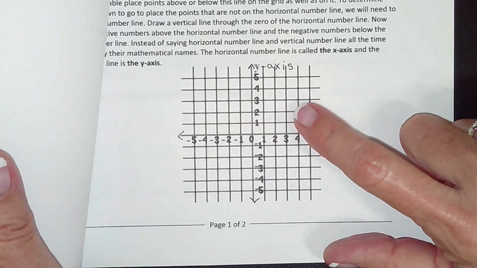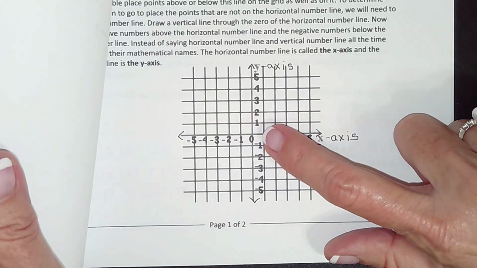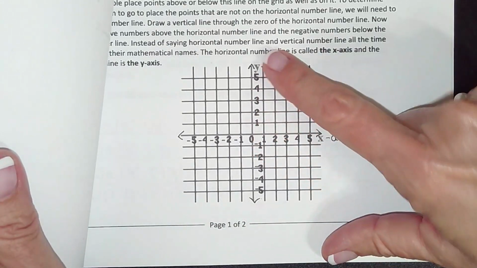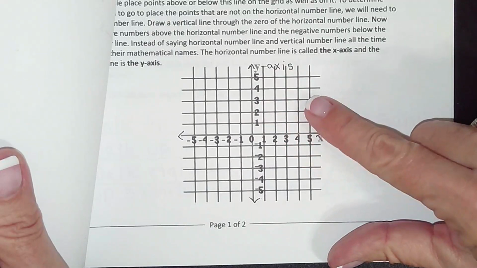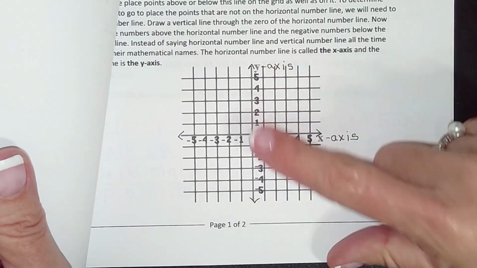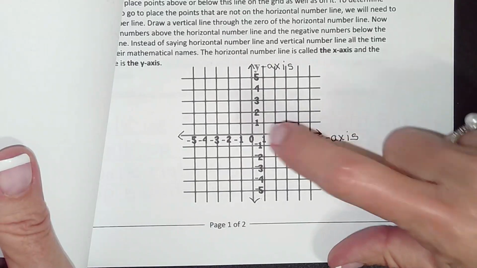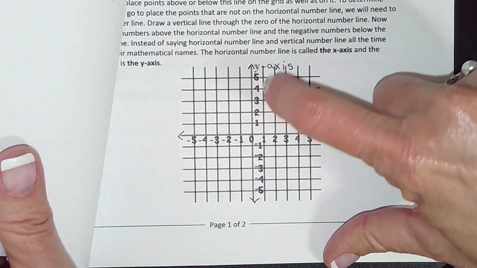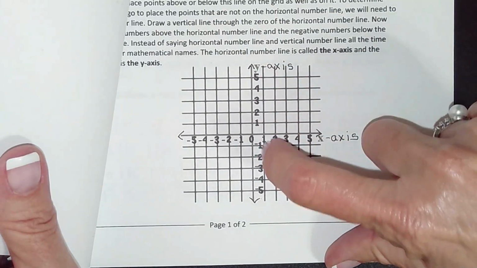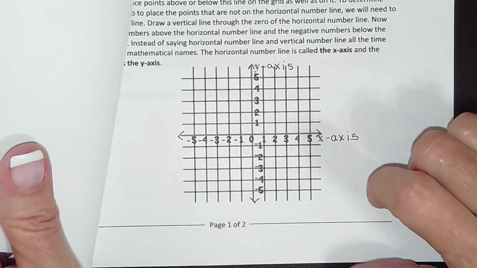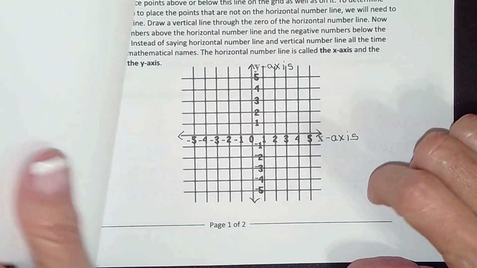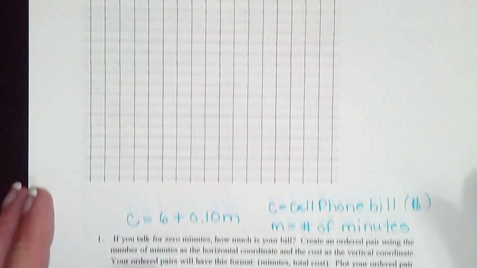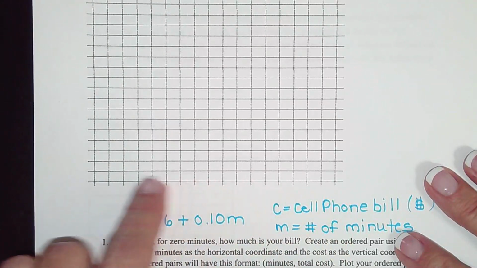Not always, but many times when we do word problems, they're positive numbers. So we're just going to be right here in quadrant 1, because minutes can only be positive, and the charge of the cell phone bill or the cost of the bill or the amount of the bill is positive as well.